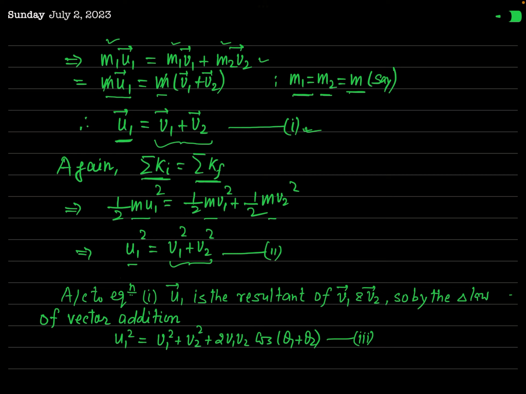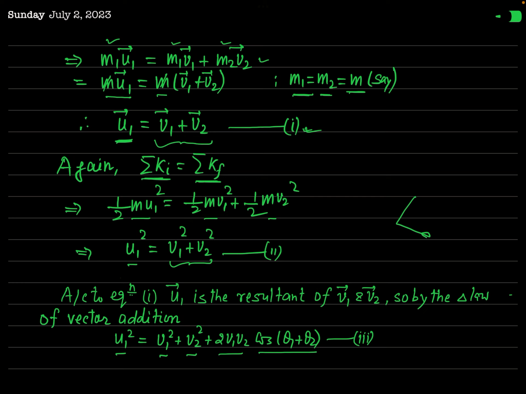And you know from the triangle law of vector addition that the modulus of u1 is found as: u1 square will be equal to v1 square plus v2 square plus 2 v1 v2 cosine of the angle between v1 and v2.